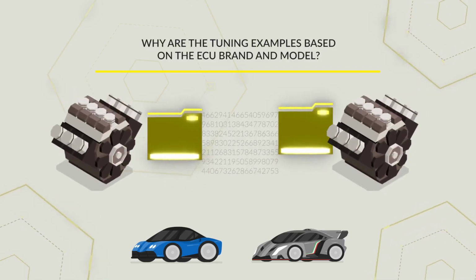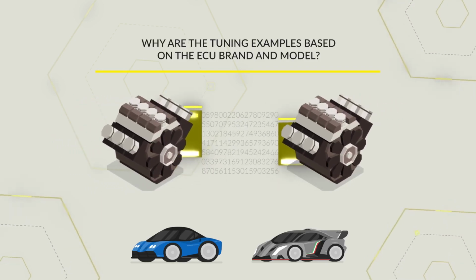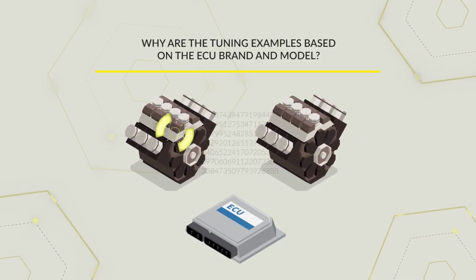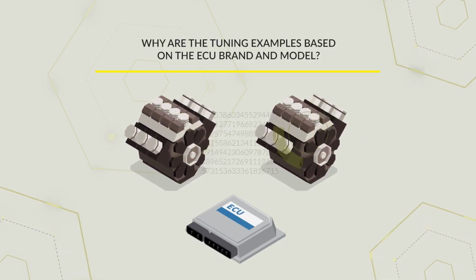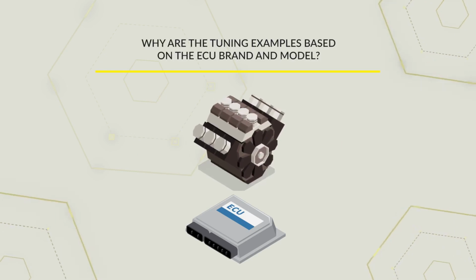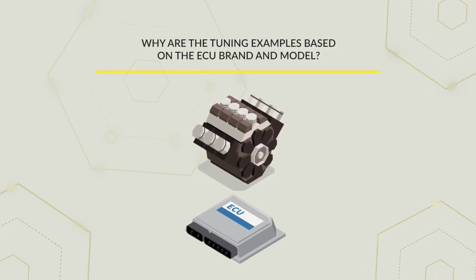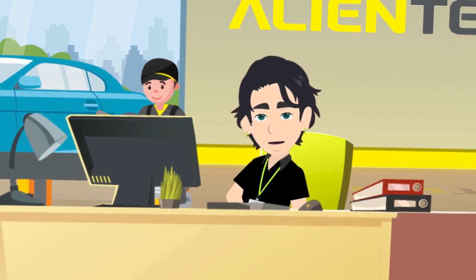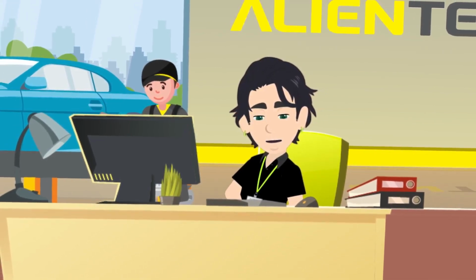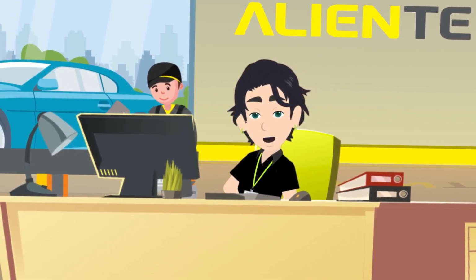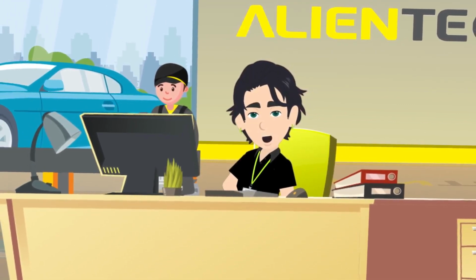If the 2 engines are identical in terms of mechanical and electronic components, it is possible to copy the differences from the higher power version to the lower one, and then modify the file maps using the specific strategy provided for that type of ECU. We Alientech technicians prepare our remapping by adapting specific tuning operations based on the mechanical components used by the manufacturer.